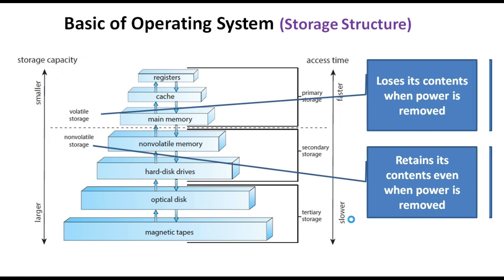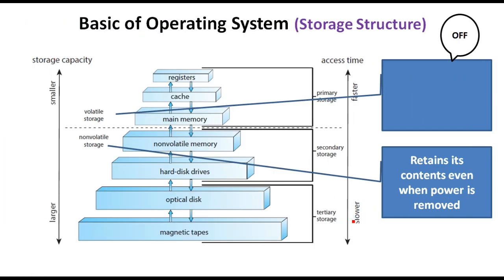Now, as we are talking about volatile and non-volatile storage devices, in a volatile storage device, when power goes off, the content in the primary memory, all the data or programs we have in the main memory, is lost. Whereas until the power is on, whatever data is in the RAM will stay there itself.